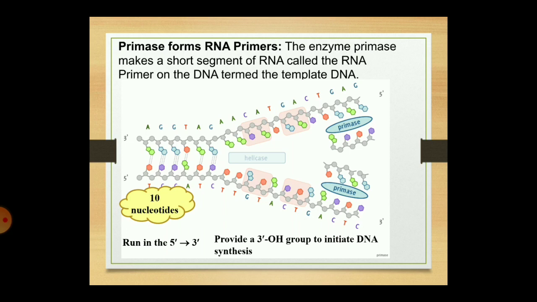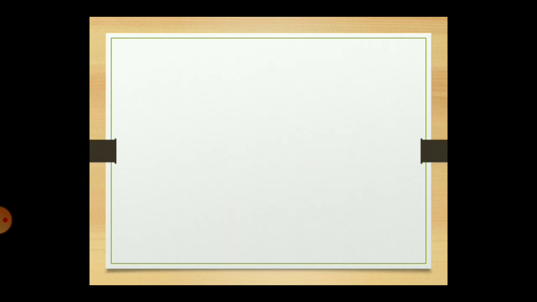And you remember one thing, always remember one thing: the replication process always takes place on the template strand in the 5 prime to 3 prime direction, not in the 3 prime to 5 prime direction. Then, once the RNA primers are formed, a hydroxyl group is available.